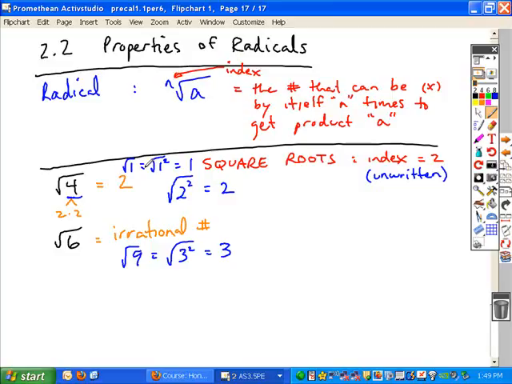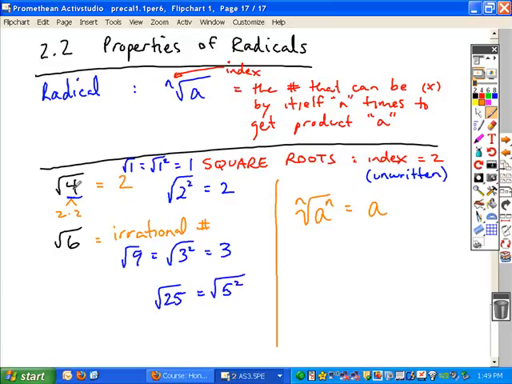If I gave you the square root of 25, how can you think of 25? It is 5 squared. One of the ways to simplify all radicals: if you take the nth root of a to the nth power, so your index and your power are the exact same number, it simplifies out to just the base.